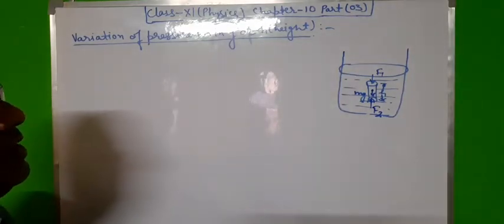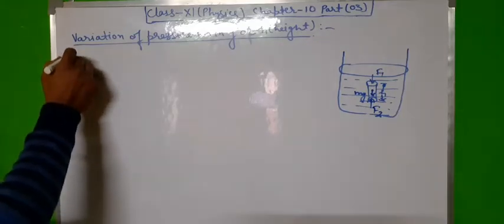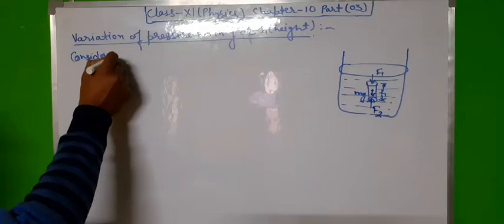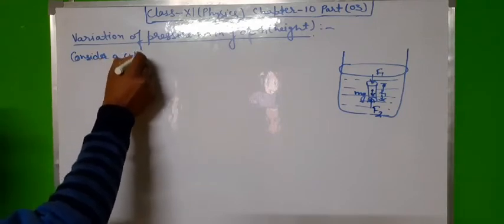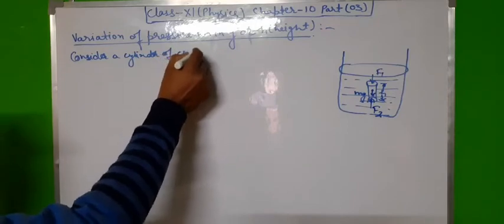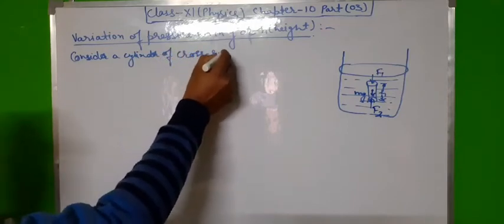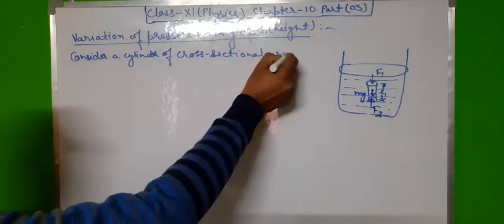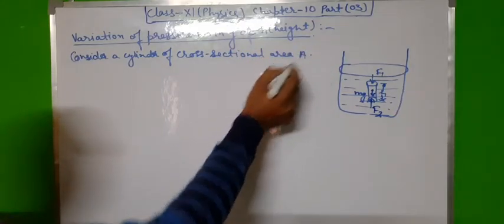Let us consider a cylinder of cross-sectional area A.